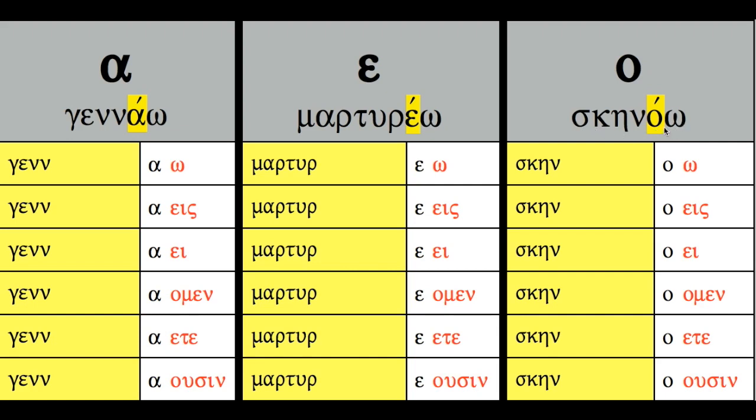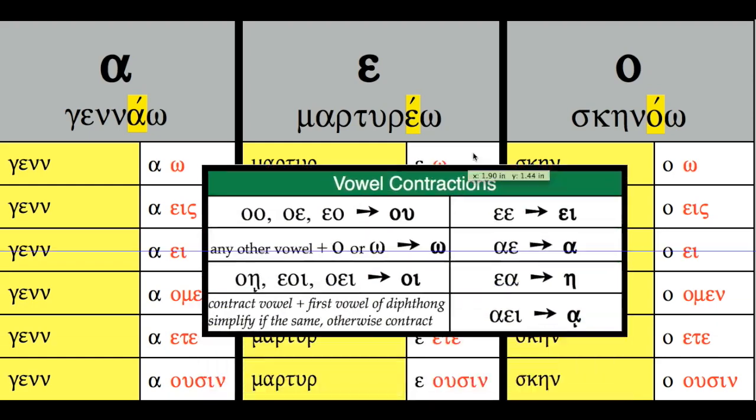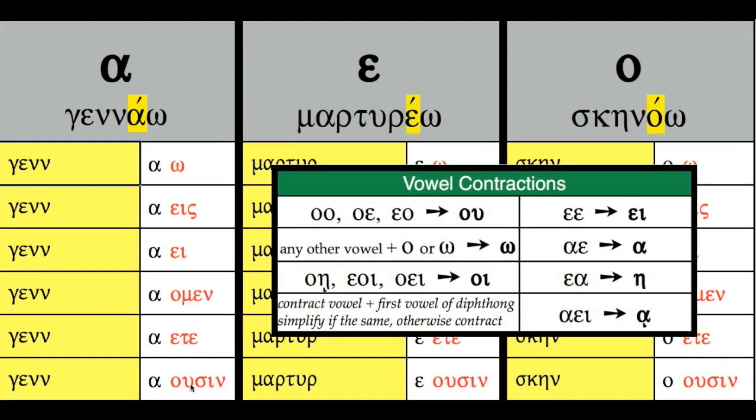It's like tabernacled, skenao. Okay, it's an omicron contract verb. And to those verbs, we will attach the primary active endings. O, ace, a, amen, eta, usi. And watch what happens when these vowels collide, applying these lovely rules here. Let's work our way through genao using the chart here to show us how the vowels come together.